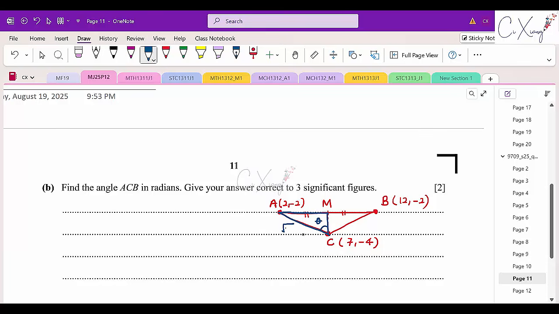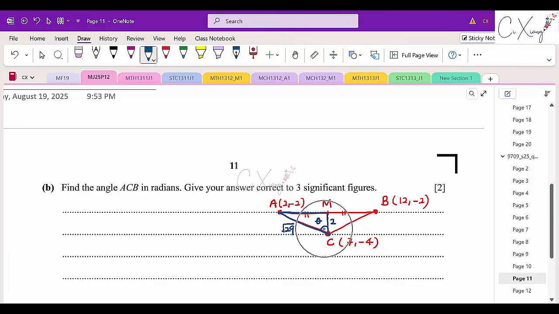square root 29. Or maybe you can have a look at the y coordinates of M and C. M, the y coordinate is negative 2. C, the y coordinate is negative 4. So what is the length between negative 2 and negative 4? It is 2 unit length. So you can use the ratio of a triangle to find out the theta.